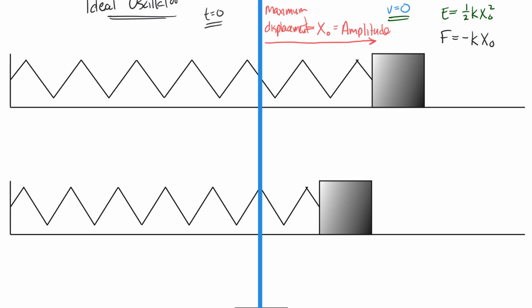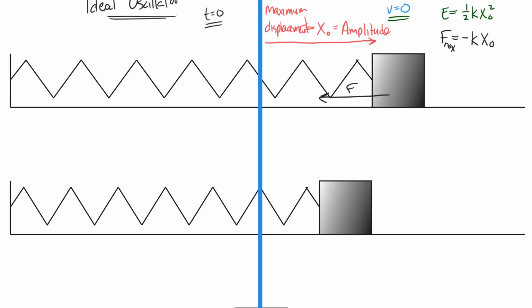Since this is the maximum displacement, this also has to be the maximum force. So this is the biggest the force is going to be on the object. Right? Because force is based on displacement with the spring. And since the displacement's the biggest it's going to be, the force is as big as it's going to be.